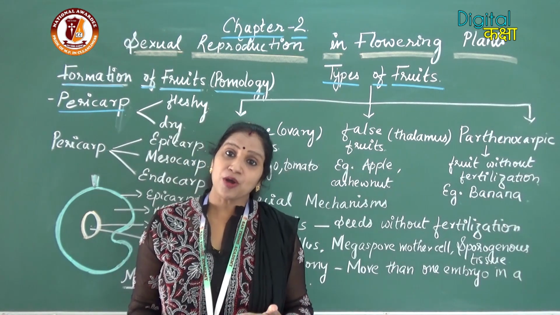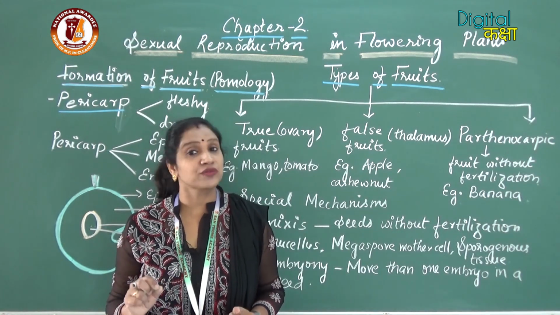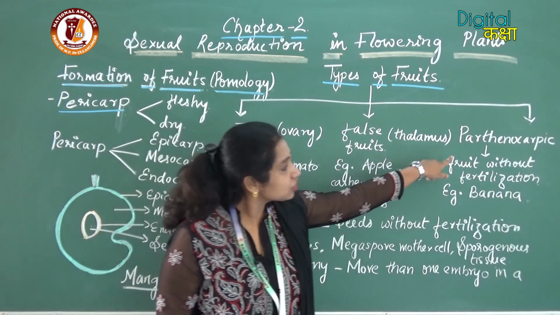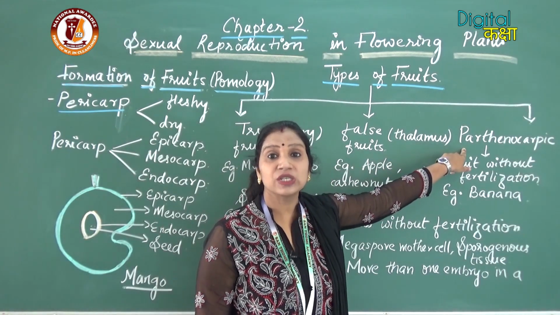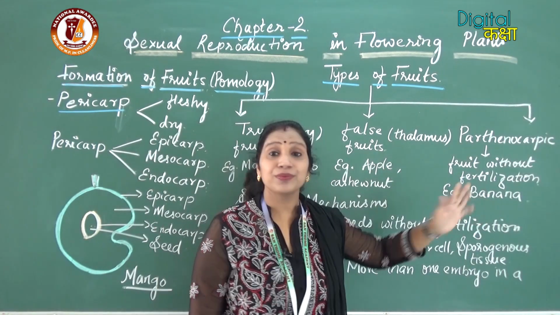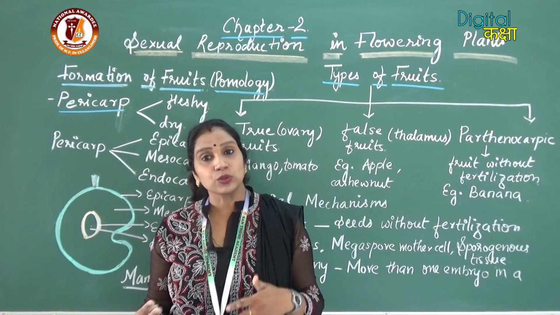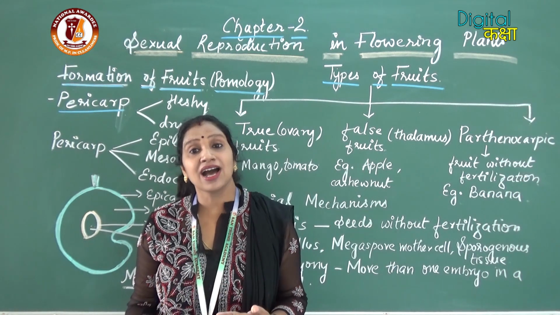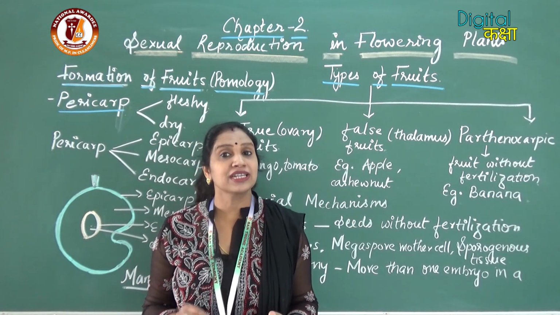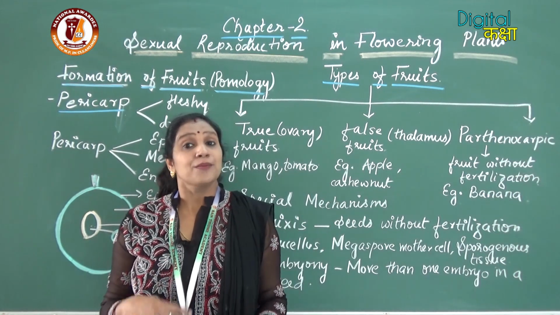So, such type of fruit which is being formed without fertilization, such fruits are called as parthenocarpic fruits. Example is banana. Other than banana, whichever fruits do not have seeds, they are the example of parthenocarpic fruits.